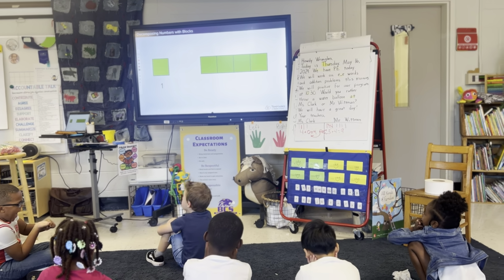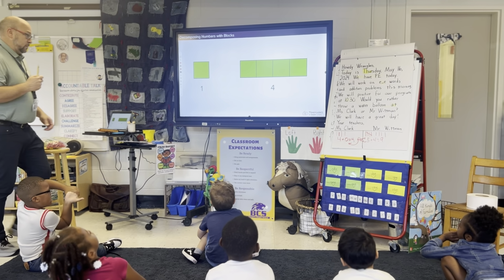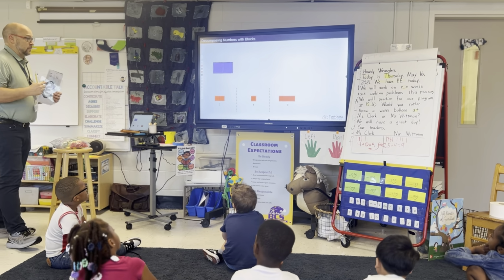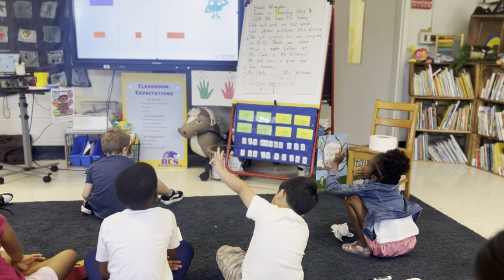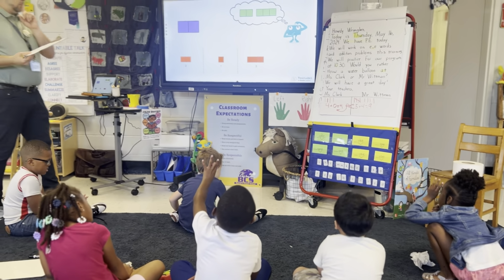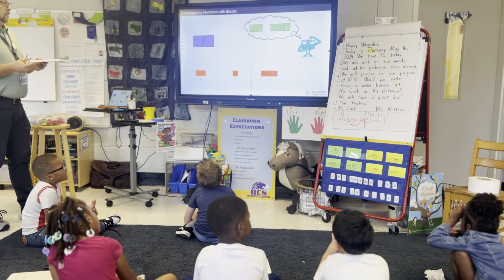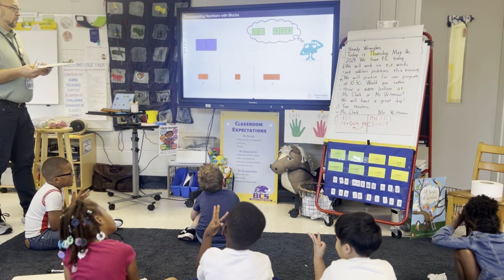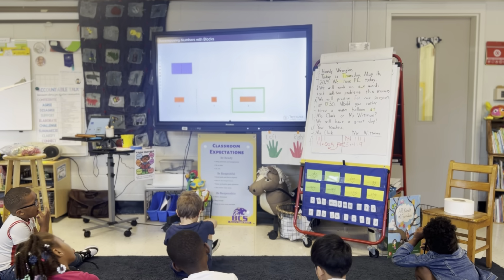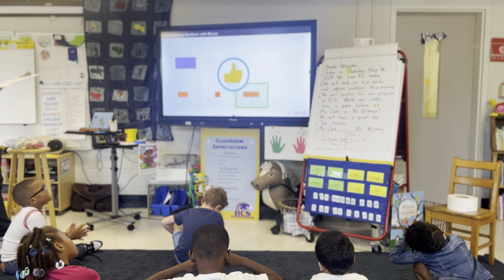How many blocks does the other piece have? 4 blocks. 4 and 1 make 5. Try a problem. There are 2 blocks. How many more blocks would make 5? Imagine starting with a train of 5 blocks. Break off 2. How many blocks are in the other part? 1, 2, 3. 3 blocks. 2 and 3 make 5. Pick 3 blocks. We learned to break numbers apart with blocks.